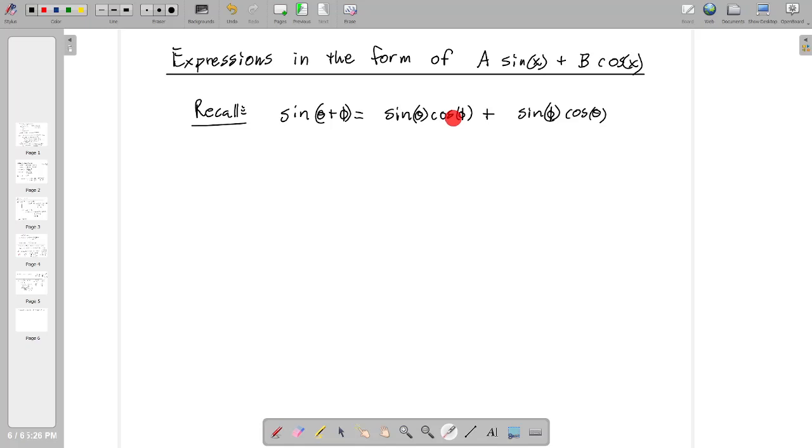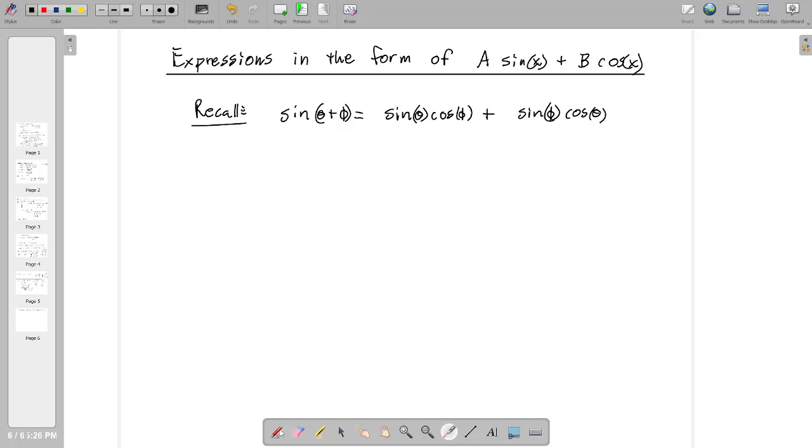Let's call that constant a. And then sine of phi we would also know, and let's call that constant b. Then we would have a times sine of theta plus b times cosine theta, which would be in this form.